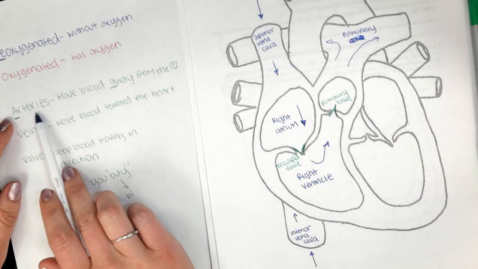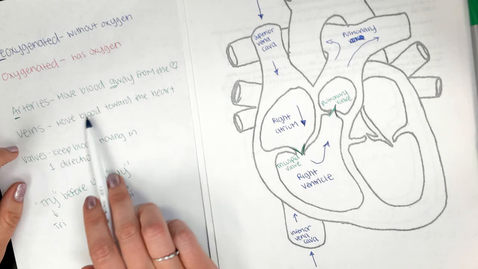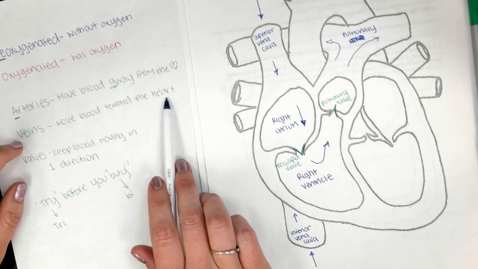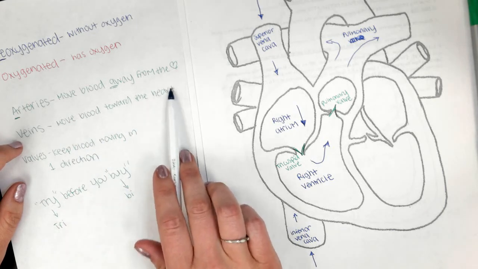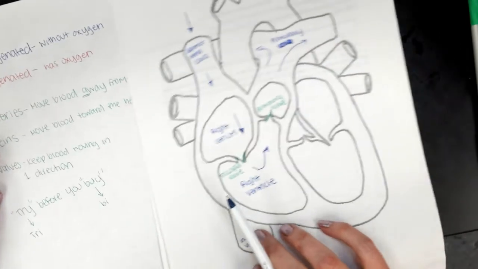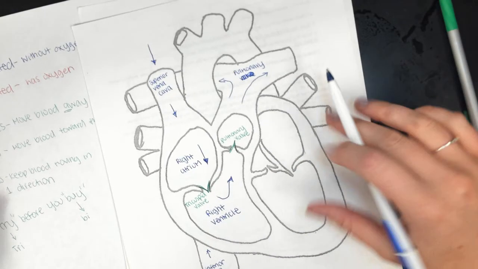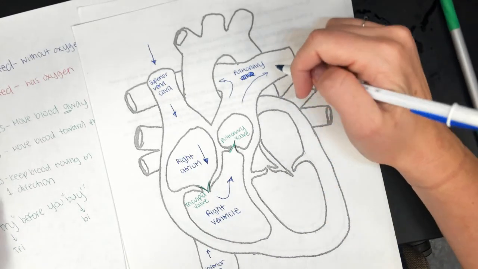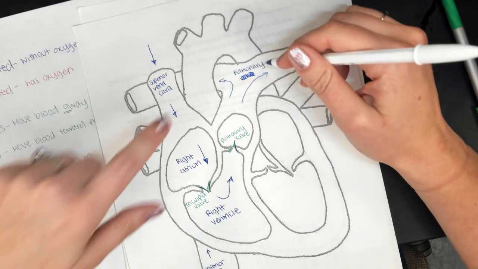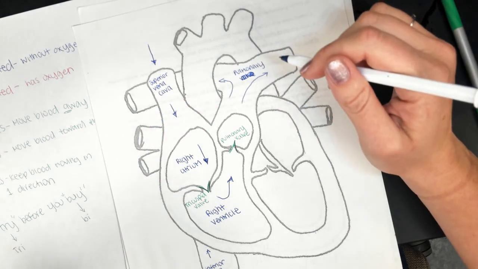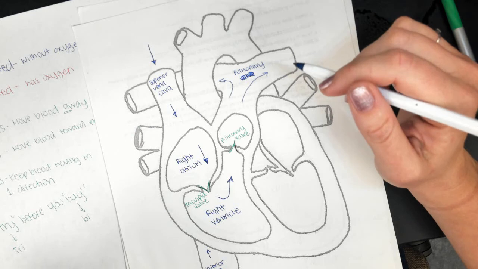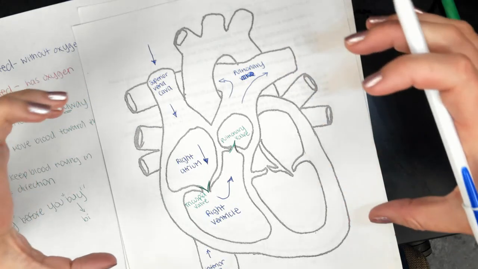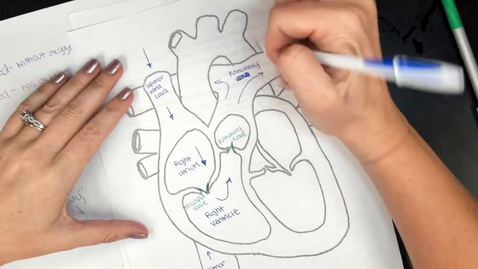So are we moving blood away from the heart or towards the heart? I'm not sure why I drew it there and then I wrote it there. It's kind of odd when you're talking and thinking and writing. Okay, anyways, we've got pulmonary, it's either artery or vein. And hopefully you guys are all saying it's pulmonary artery because we're moving blood away from the heart into the lungs.